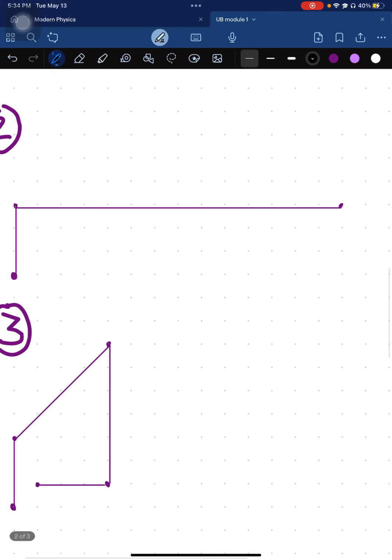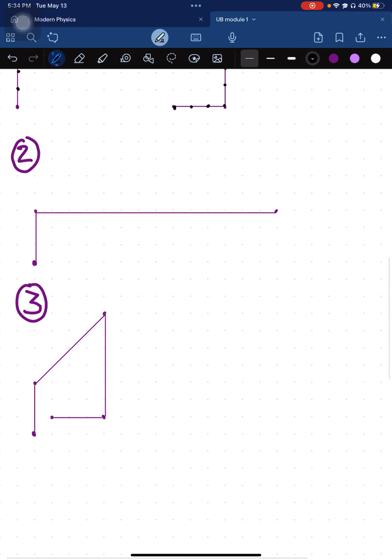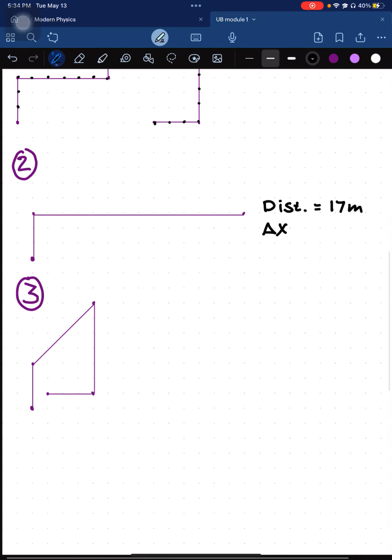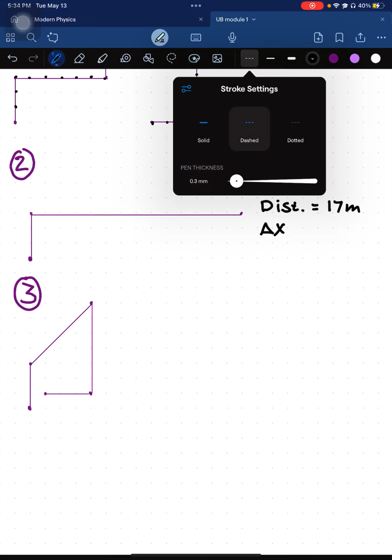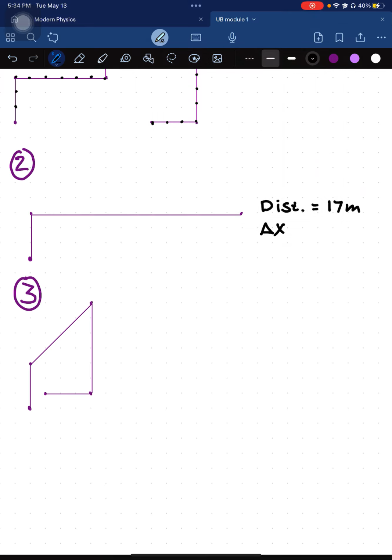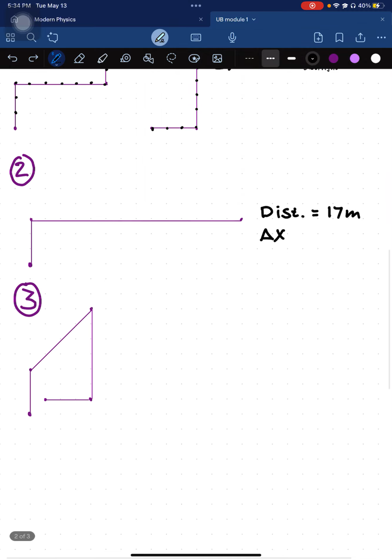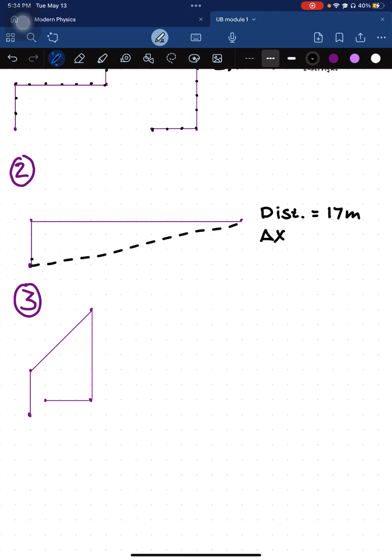Okay, for number 2, I'm not going to go through and count again, just because I think that you guys can do that if you need to. So the distance for this is 17 meters, and for our delta x for this one, we are going to have to use the Pythagorean theorem to find this distance right here.